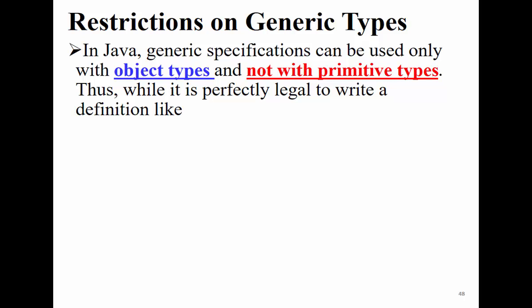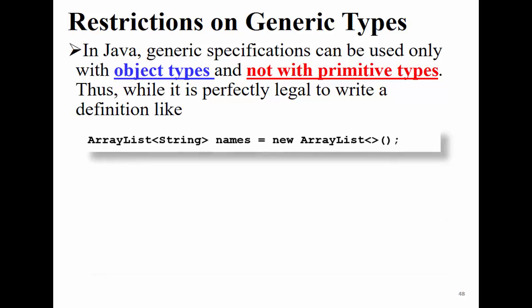Restriction on the generic data types, which some of you already mentioned. We can use all the collections, not only array list, all the collections, sets, maps, lists, with object data types. We cannot use primitive data types. So we can define array list of strings because a string is an object data type.